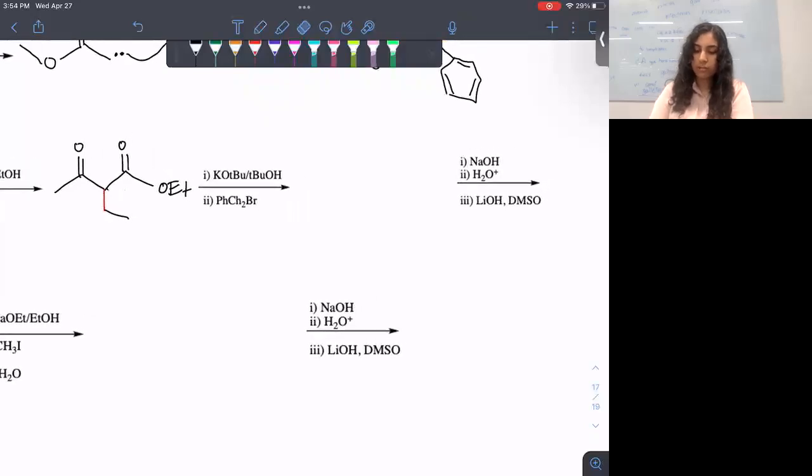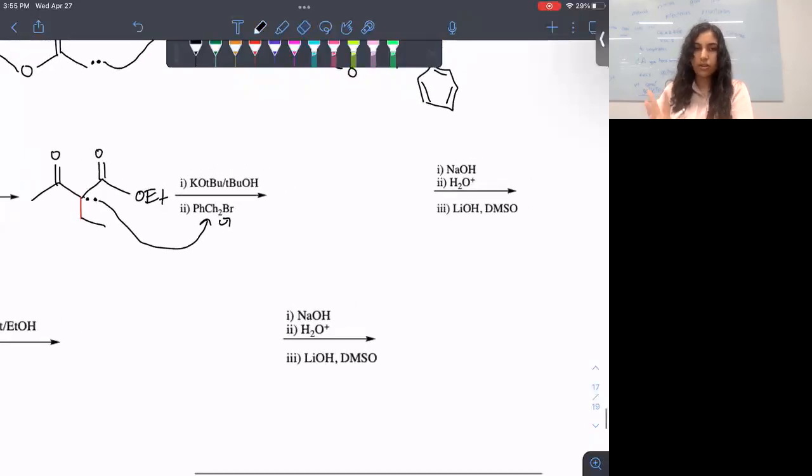The tert-butoxide deprotonates the alpha carbon, you get your enolate again, and the enolate goes ahead and attacks the alkyl halide. Now you get 2 substitutions on the alpha carbon. So we still have our ethyl, and now we have this new thing.